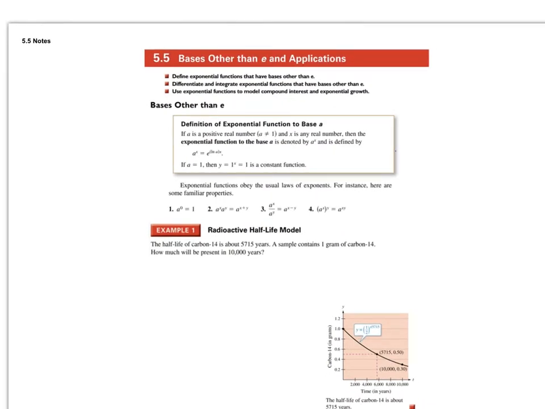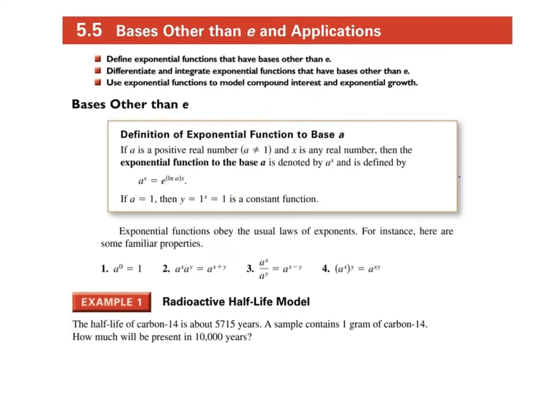Essentially, what we did was we discussed a little bit about how we could define functions that were not base E, so general base, like a to the x here. And one of the simplest ways was to redefine it using e to the ln of a times x.